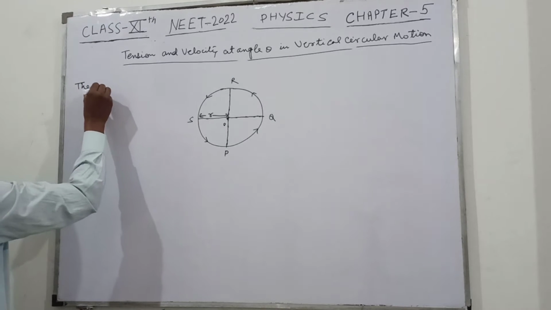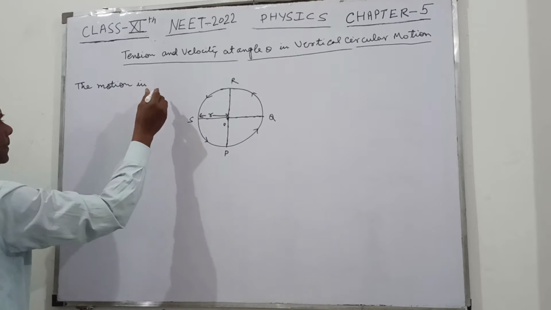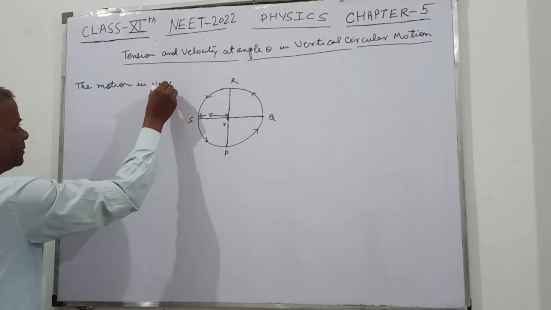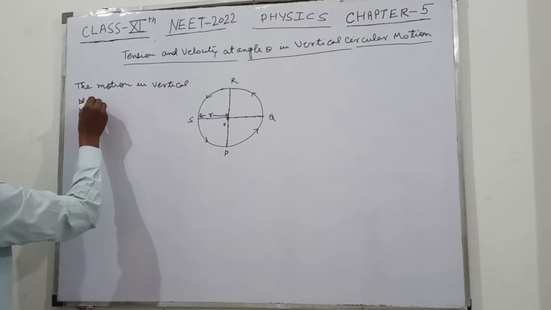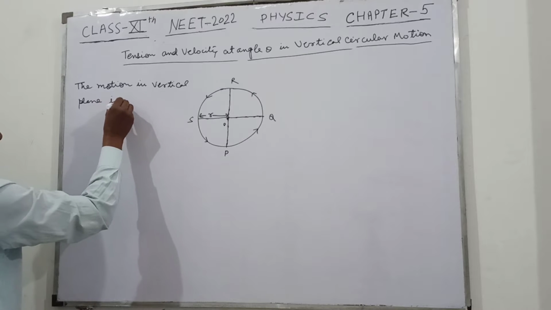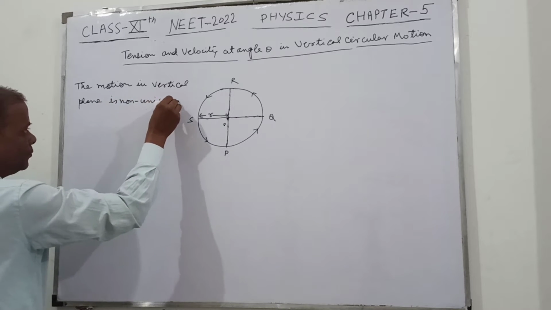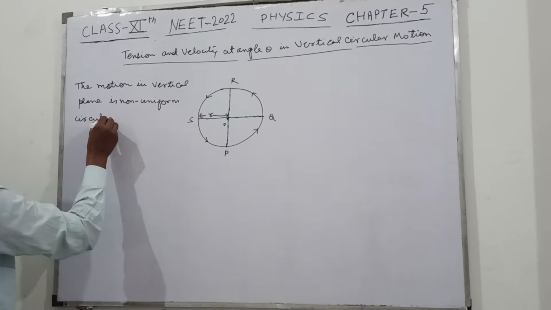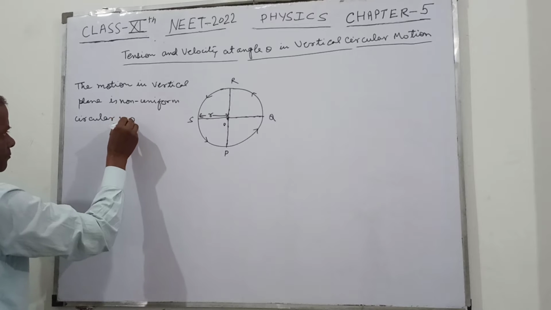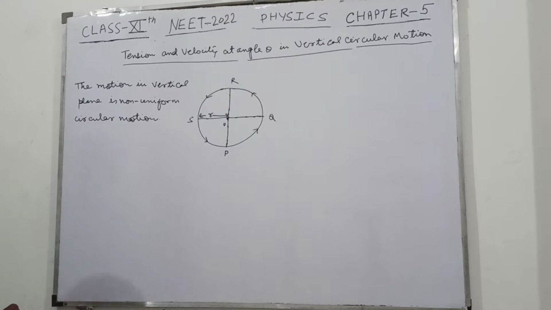The motion in vertical plane is non-uniform circular motion.